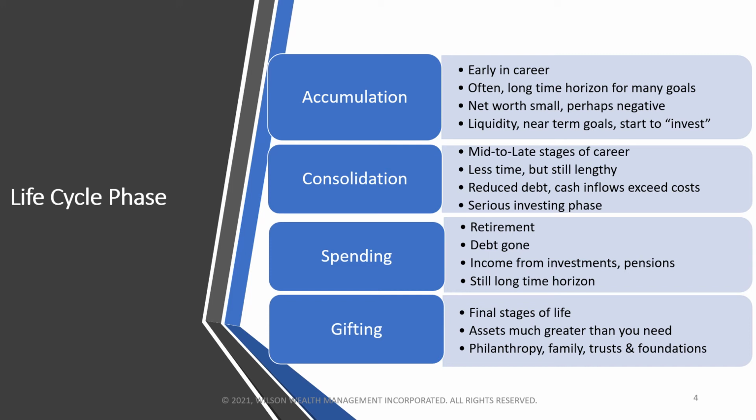Your monthly cash inflows are going to exceed your outflows. And this is the phase of life where you can get into serious investing. You've got that excess cash. Now's the time to put it away. And you still got that 25-year time horizon that can add significant growth.